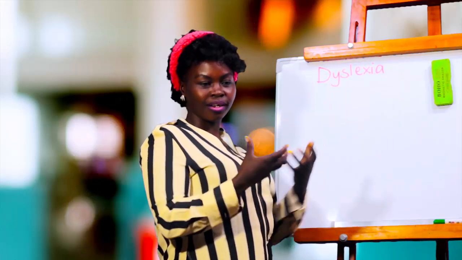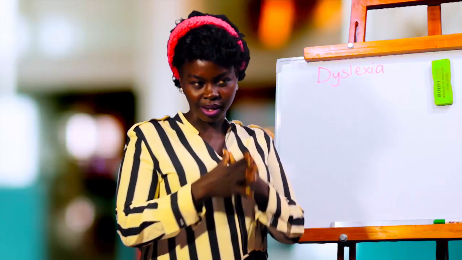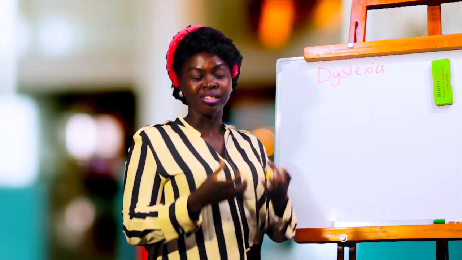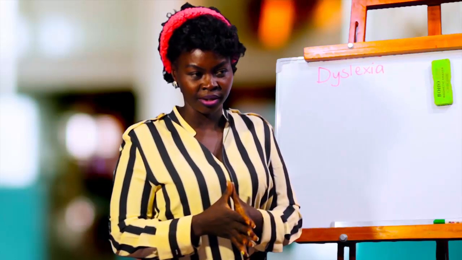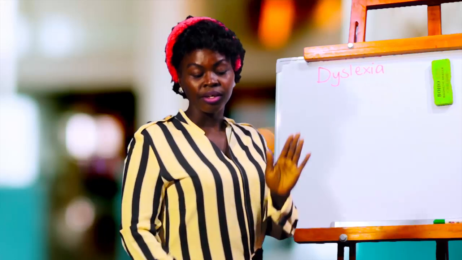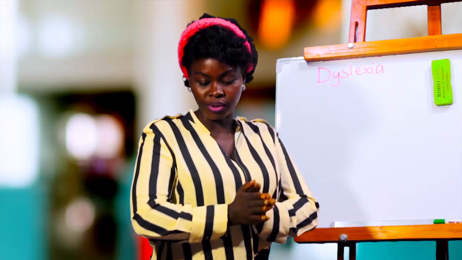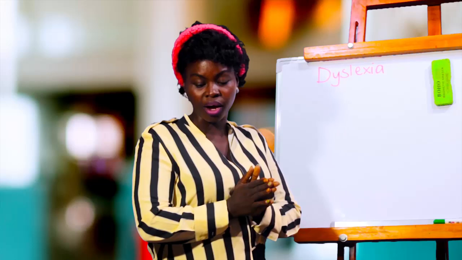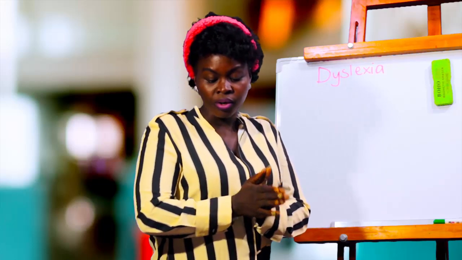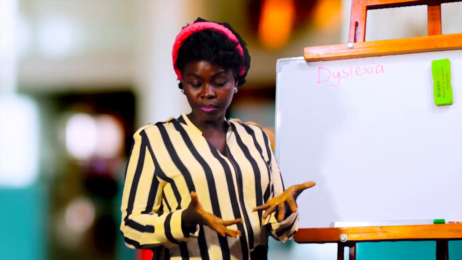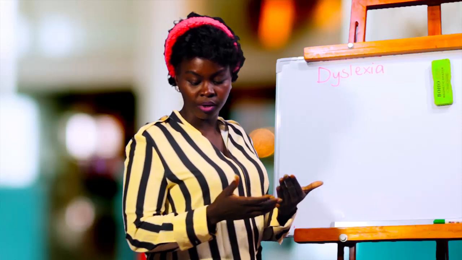So how do we know that a child is dyslexic, like is unable to read? A child can confuse similar sounding letter names, or even letters that look similar.